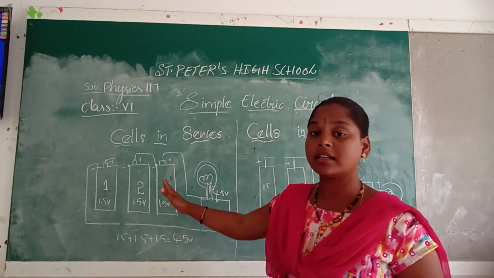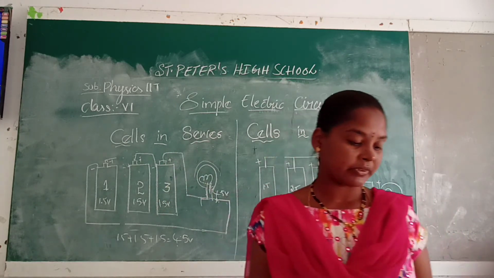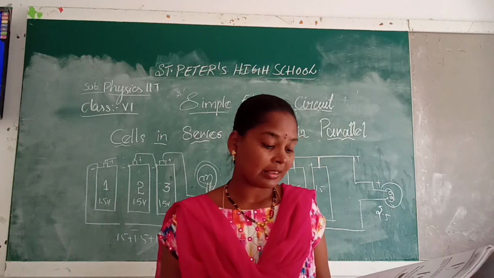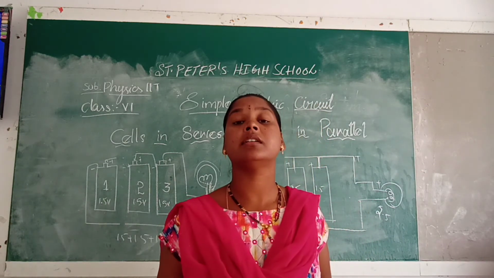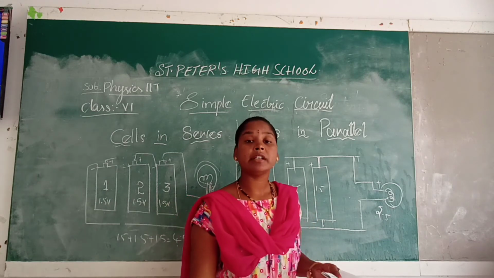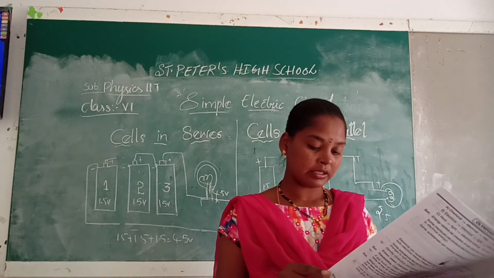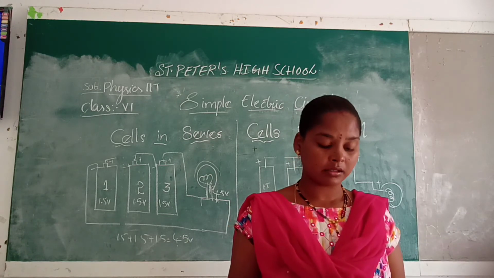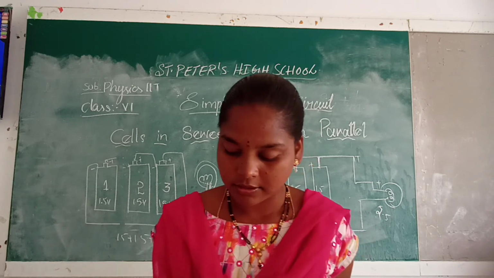We use chemicals here, and by these chemicals we get electrical energy. And next, thermal. We get electricity in a thermal power station just by burning coal. Even by solar energy also we can run the appliances.